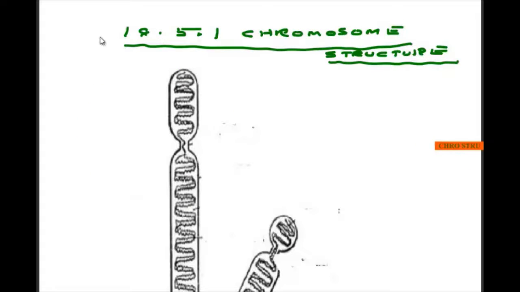We have already seen a chromosome is a rod-shaped structure, and a chromosome is covered by a membrane called pellicle. Inside the pellicle we have a matrix, which is a jelly-like substance. Inside the matrix we see a spirally coiled structure.